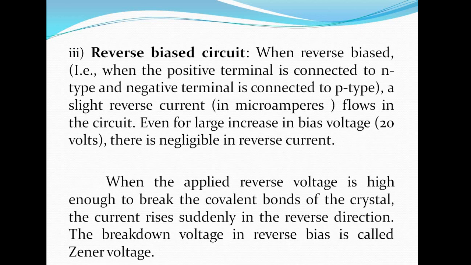In the reverse bias, when the positive terminal is connected to the N type and the negative terminal is connected to the P type, a slight reverse current flows in the circuit even for a large increase in bias voltage.